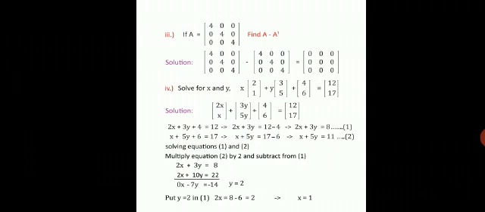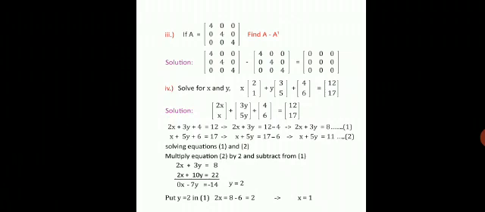It becomes 2 into x and x, plus multiply the second column matrix with y, we get 3 into y, 5 into y, plus 4 6, which is equal to 12 17. Now according to this question, see there is a plus in between all the matrices and it is equated to the third matrix.